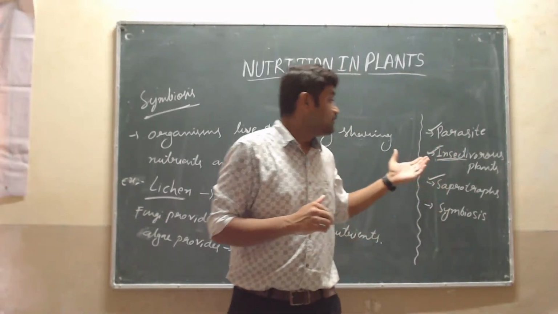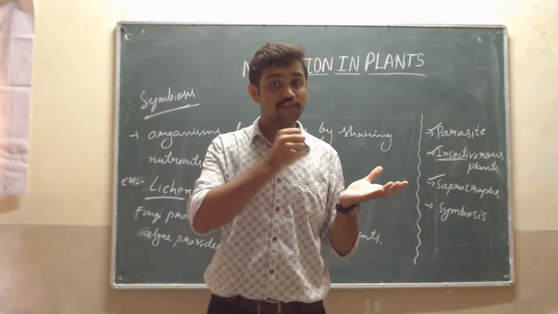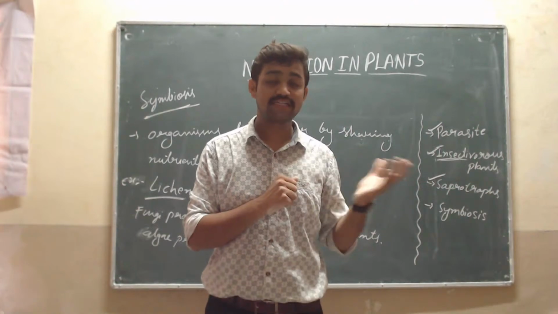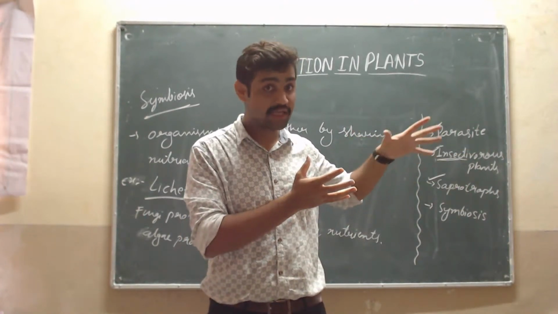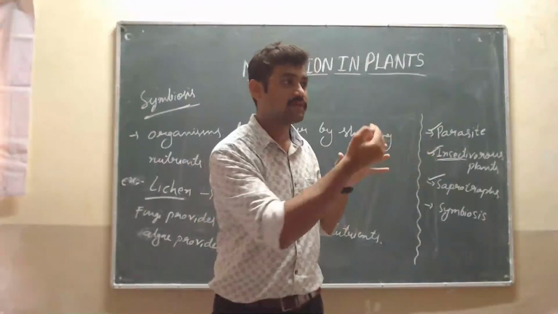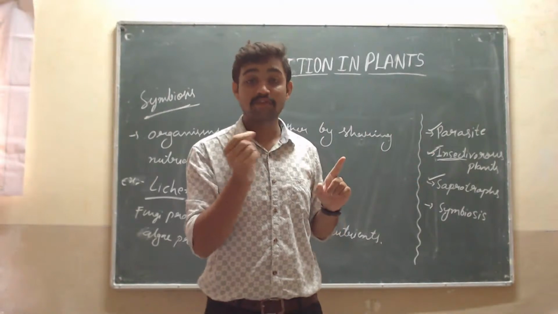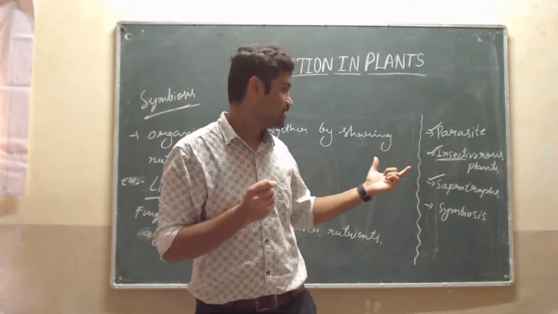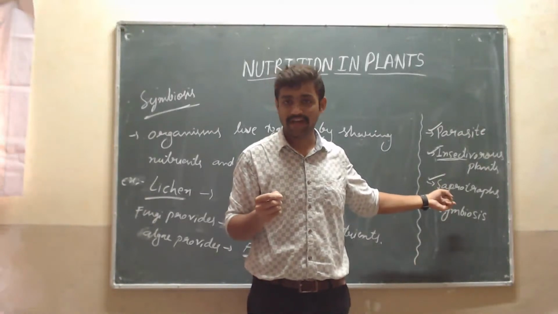These are organisms which absorb nutrients from dead or decaying matter. During the rain, the umbrella-like structures we see, those mushrooms, will grow. The example for saprotrophs is fungi.